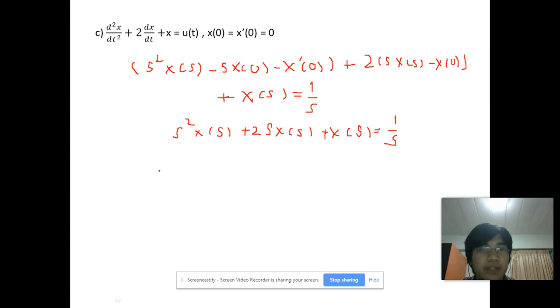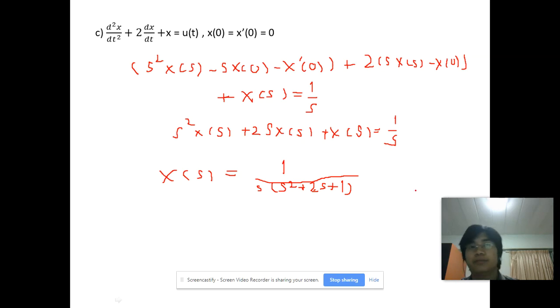And reform the equation. We will get the final answer: X(s) equals 1 over s times 1 over s squared plus 2s plus 1. So this is the final answer of problem C.